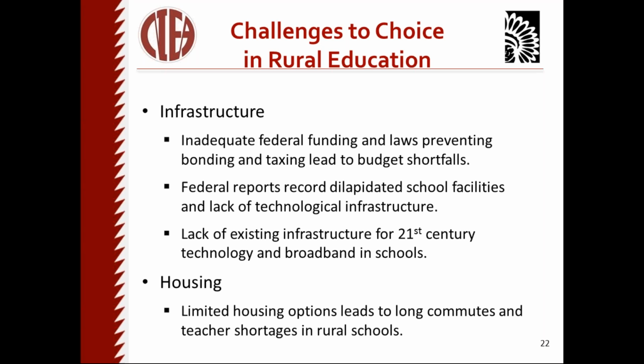Take construction of school facilities. The Bureau of Indian Education still has a $1.3 billion backlog, and 60 of its 183 schools are listed in poor condition. Those statistics have remained, and we've really lacked the influx of funding to have a significant impact on that.